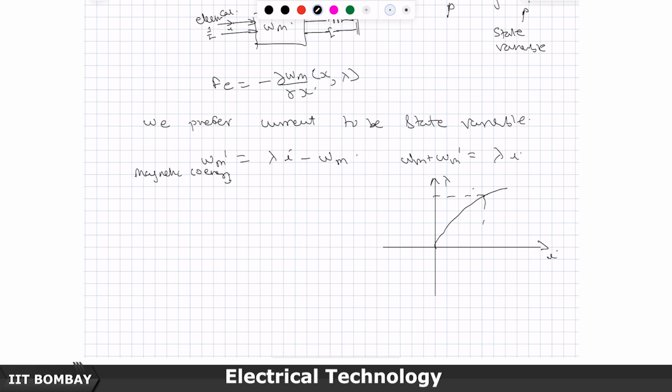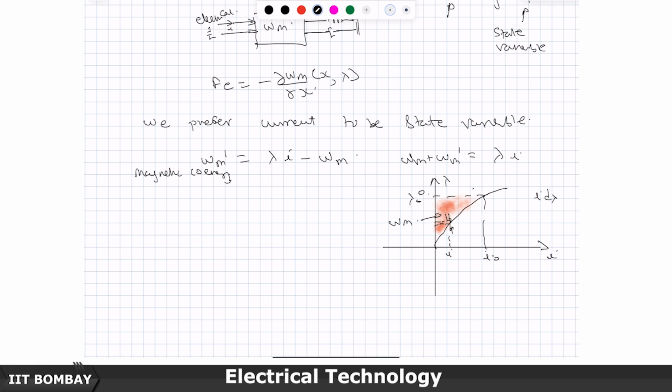Suppose you are reaching this state I naught, say lambda naught, then we had identified that this part is the Wm part, because it is I times of d lambda. So, this is my I, and then I take a small strip d lambda somewhere here, and I do this I d lambda.